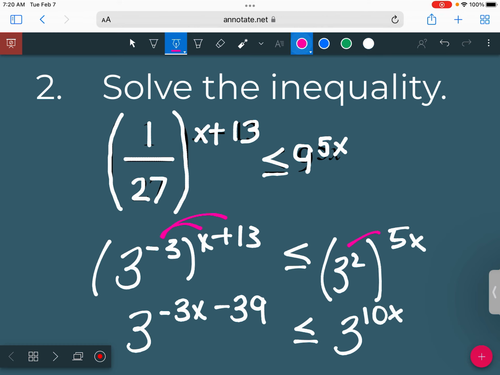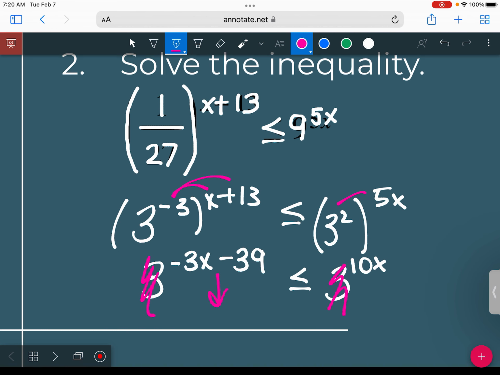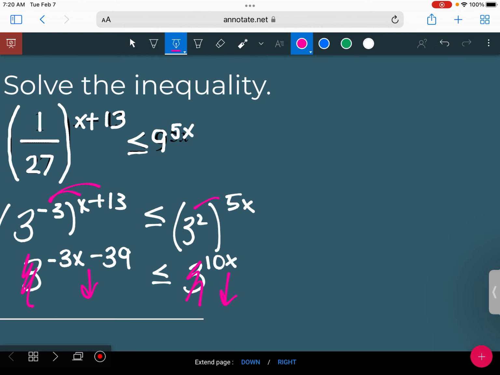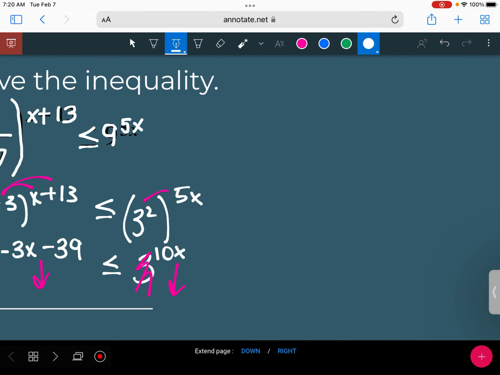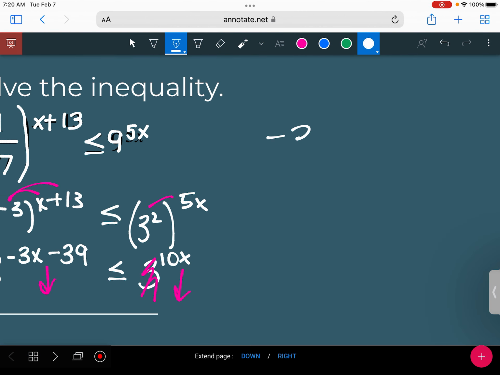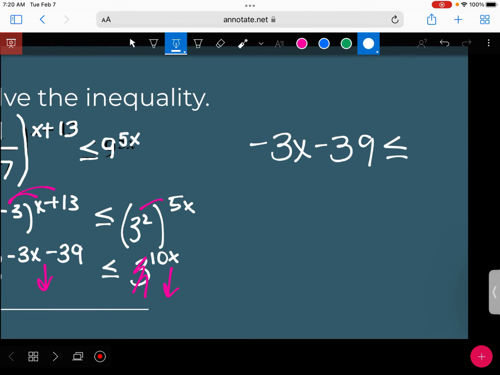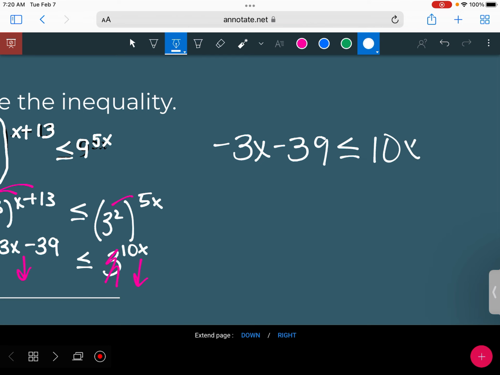All right, we have the same bases, and our exponents are all nice and neat. So we cover up our bases, and we drop down our exponents. So -3x minus 39 is less than or equal to 10x.